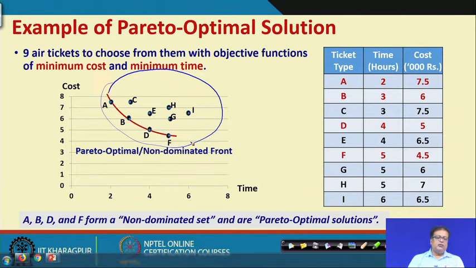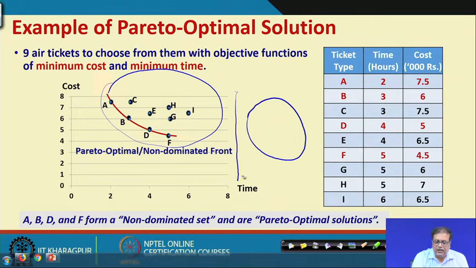An interesting thing, in a graphical way, is that if I draw a 90-degree tangent on the curve. So, supposing these are all the set of solutions and these are my axes, and if I draw a 90-degree tangent, it will just touch here.